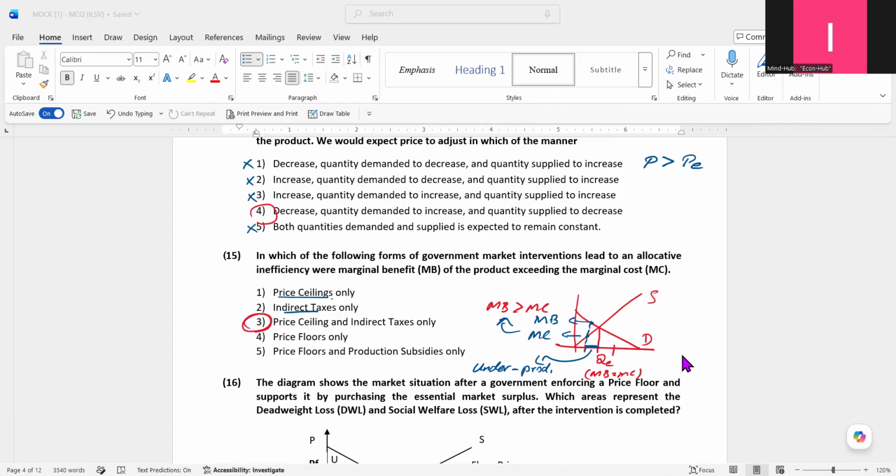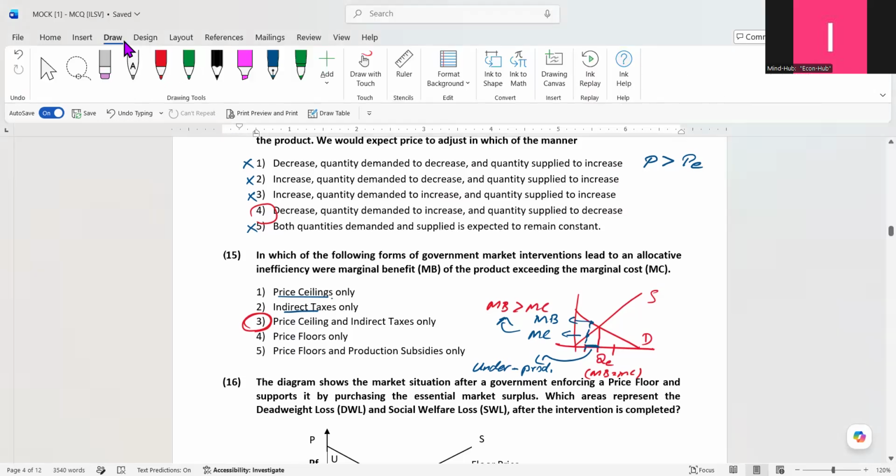So in the diagram I am illustrating, marginal benefit will be more than marginal cost. That is, we will meet the supply curve and then the demand curve, as I have shown in the diagram, when we are on the left hand side of the free market equilibrium. That means we are underproducing.